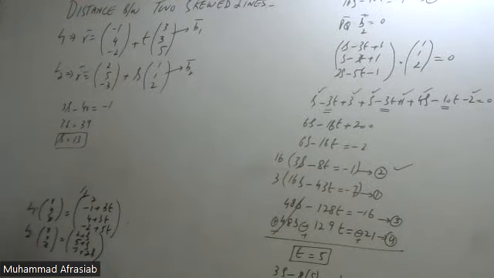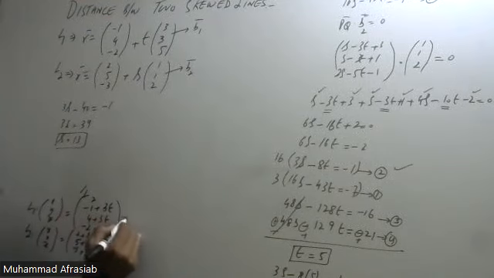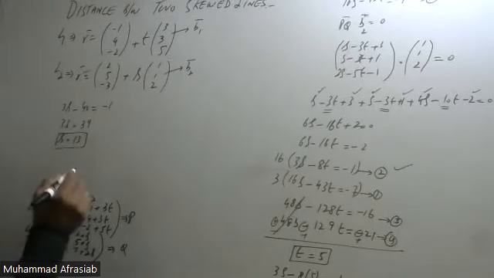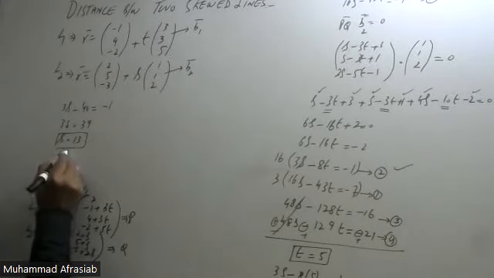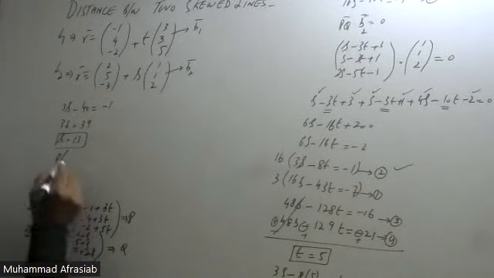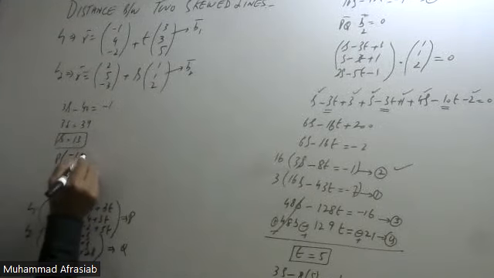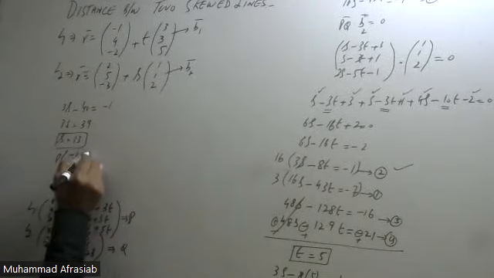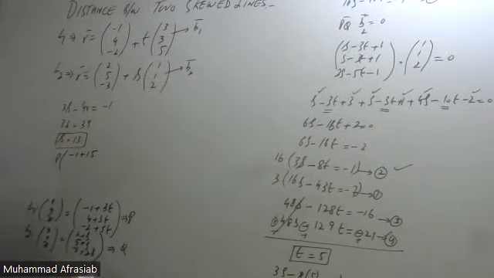Then we know the value of s and we know the value of t. Since this is going to give the coordinates of P and this is going to give us the coordinates of Q, the point P will have this coordinate as 2 minus 1 plus 3t. Minus 1 plus 3 into the t value, 5, so minus 1 plus 15.